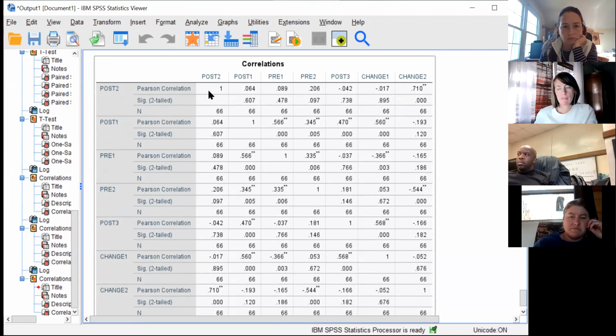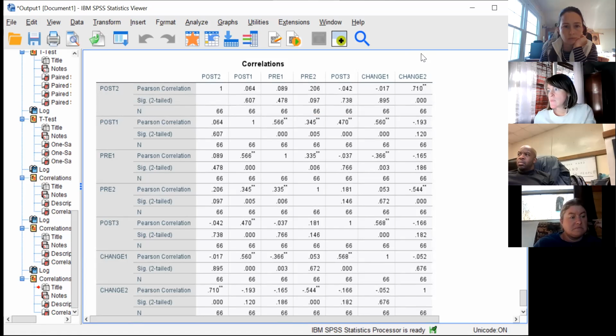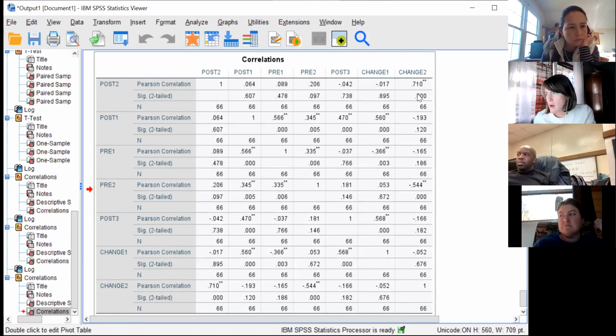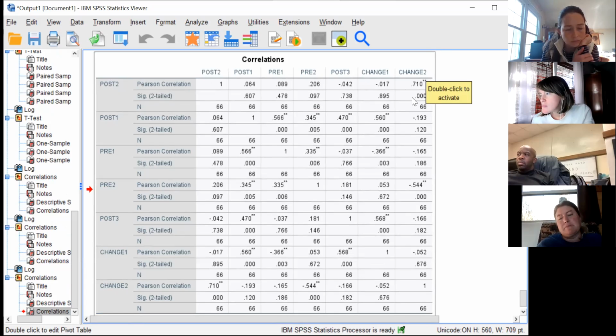So for post two, not correlated. Post two, post one, not correlated. For post two and change two, that is correlated. See, here's post two, go across to change two, and the R value is 0.71, which is getting pretty high. And the significance level is 0.000.